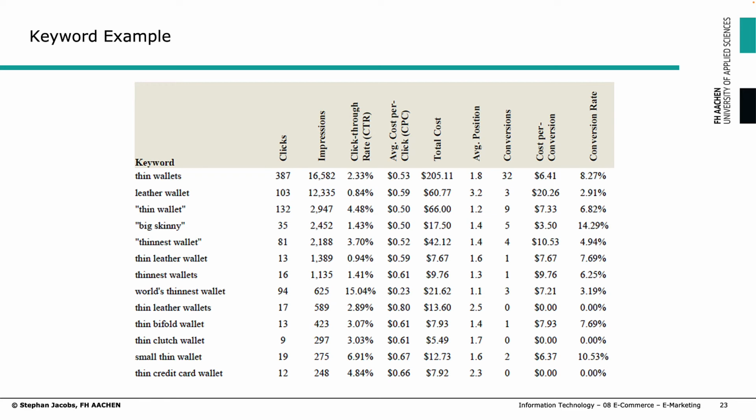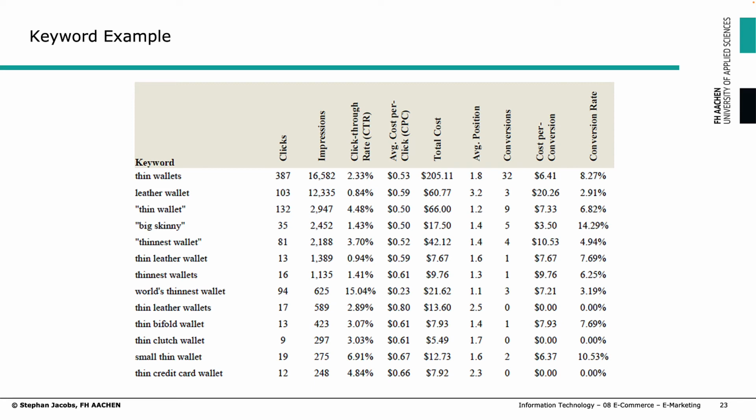There's not only one ad, there are several ads shown, and of course the best position is to be number one. And here it's shown its average position is 1.8. Looking at your internal controlling data, you find out that based on these clicks, 32 conversions have been made.